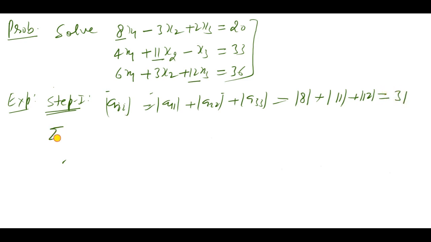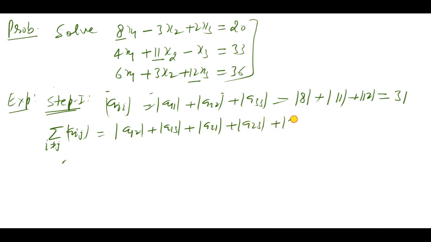Now the summation for i not equal to j of |Aij| will be |A12|, |A13|, |A21|, |A23|, |A31|, |A32|.